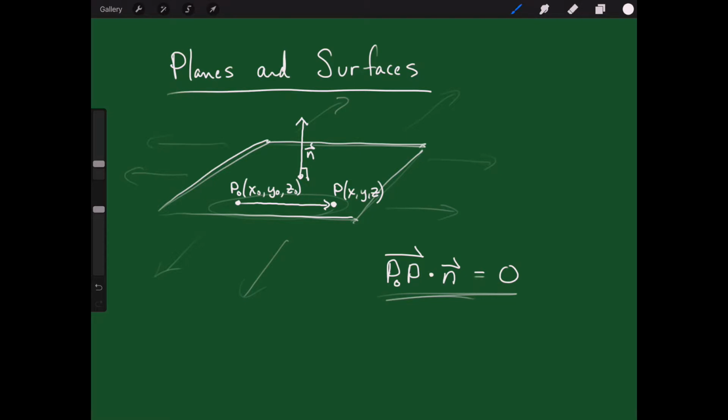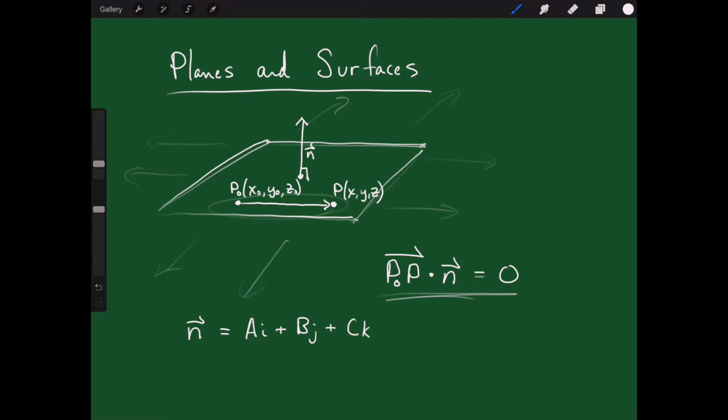Second thing is I could write this vector n. I'm not sure what the vector n looks like at this point, but I could write it for sure this way. It's A in the i direction plus some constant B in the j direction plus some constant C in the k direction.